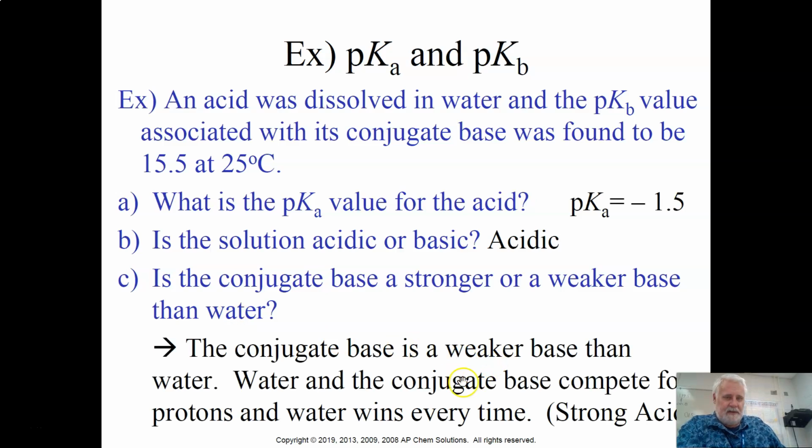And the answer is the conjugate base is weaker than that of water because water will always compete for protons, and it wins every time because it makes such a strong conjugate acid, H3O+, and we said it doesn't get any stronger than that. So in a case like this, the conjugate base will be weaker than that of water.